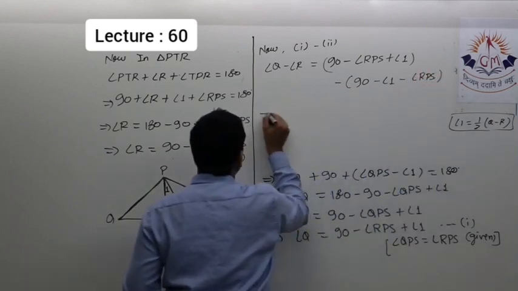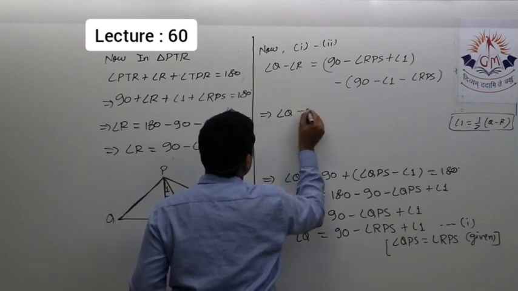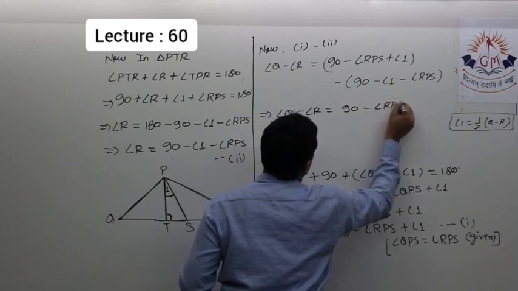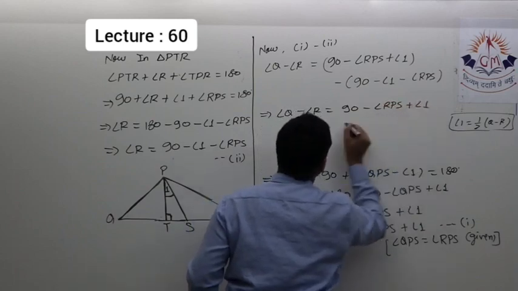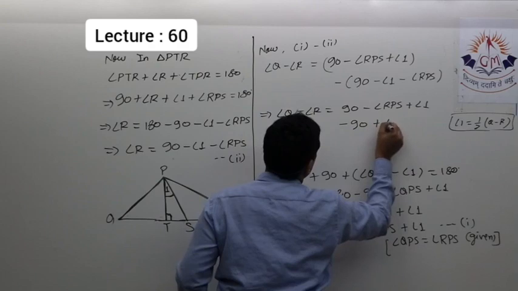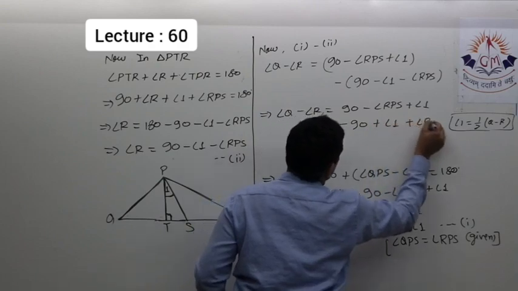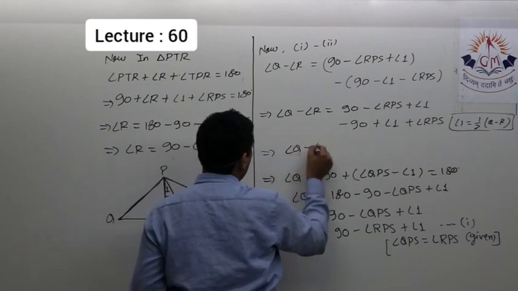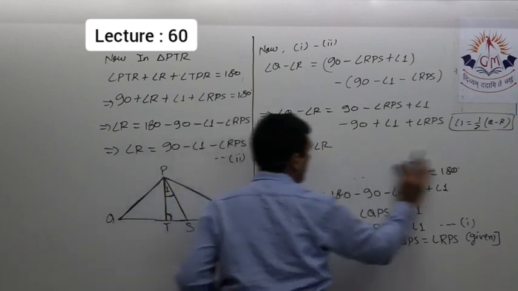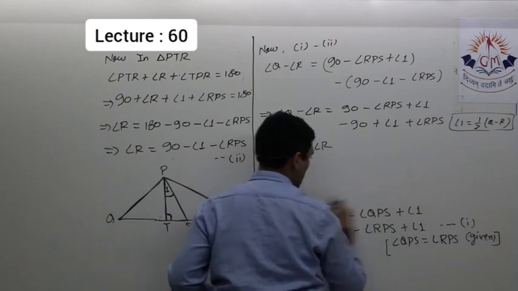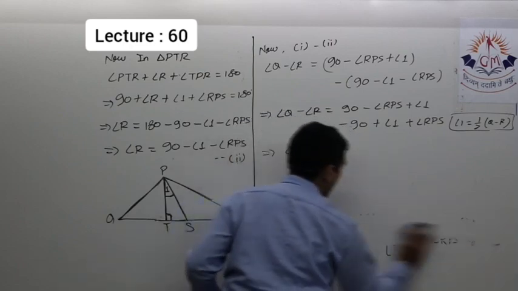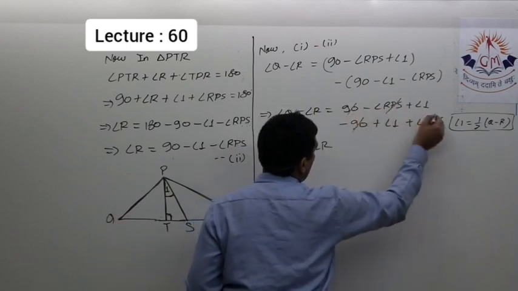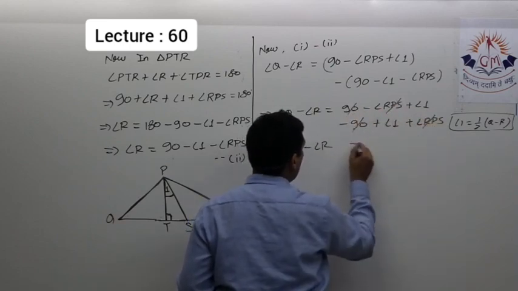So therefore angle Q minus angle R is equal to 90 minus angle RPS plus angle 1 minus 90 plus angle 1 plus angle RPS. Therefore angle Q minus angle R is equal to plus 90 minus 90, minus RPS plus RPS, is equal to twice of angle 1.